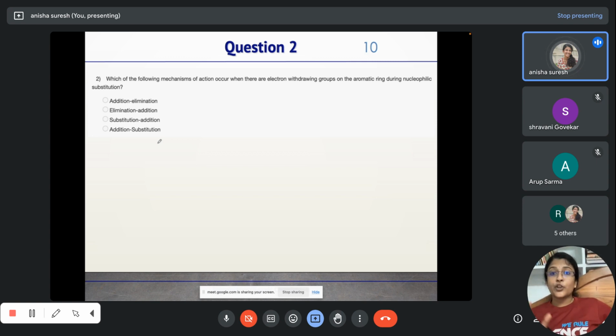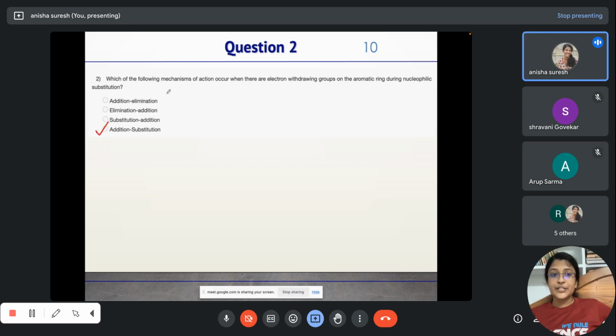When electron withdrawing groups are present in the aromatic ring during nucleophilic substitution, which mechanism is likely to occur? Addition elimination, elimination addition, substitution addition, addition substitution. Addition substitution will be the right answer.